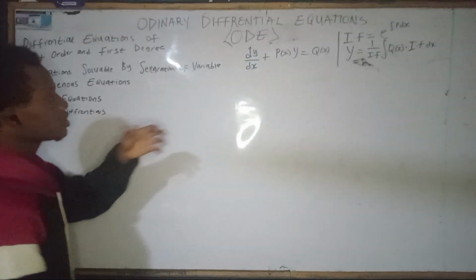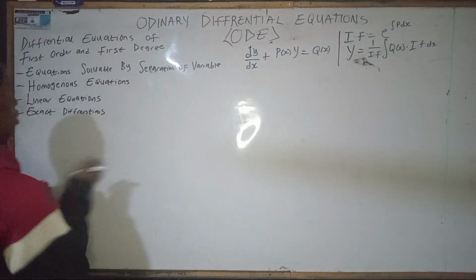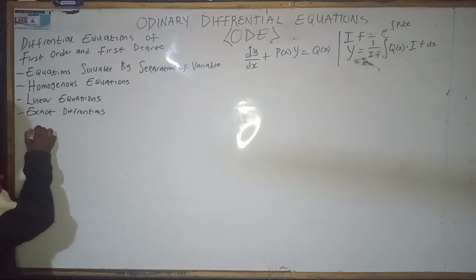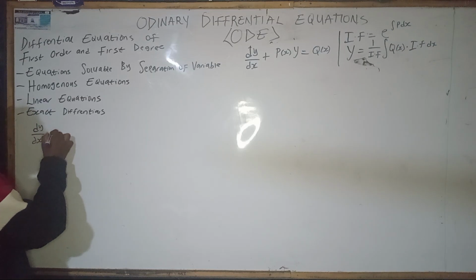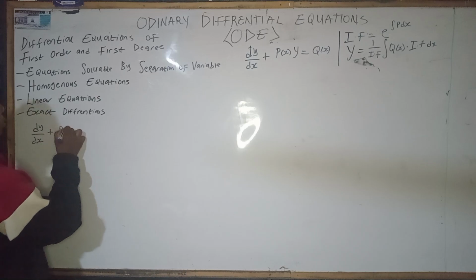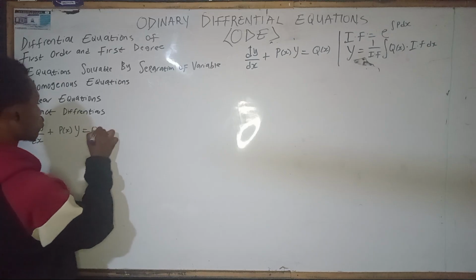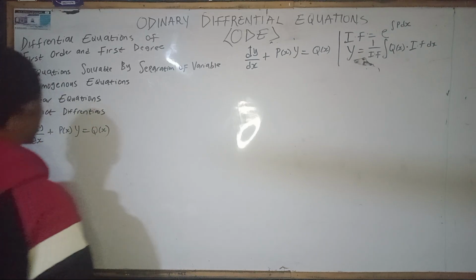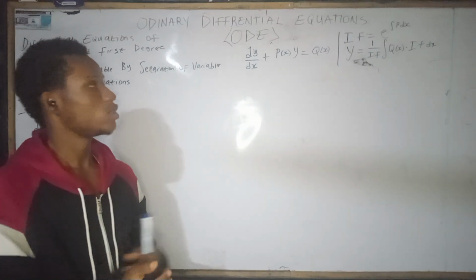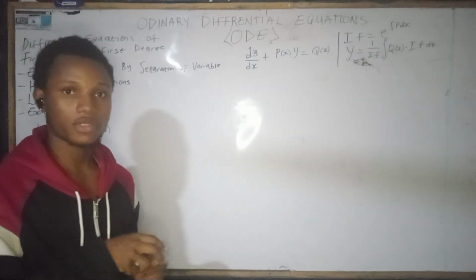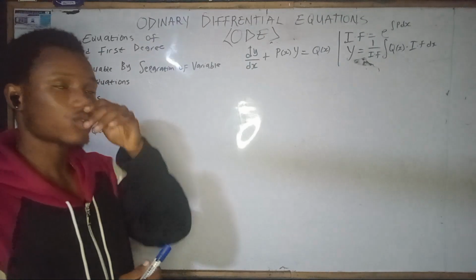So first of all, we said a linear equation is identified by this particular form: dy/dx plus p, which is a function of x, multiplied by y, equals q of x. And we need an integrating factor for us to be able to solve this equation.